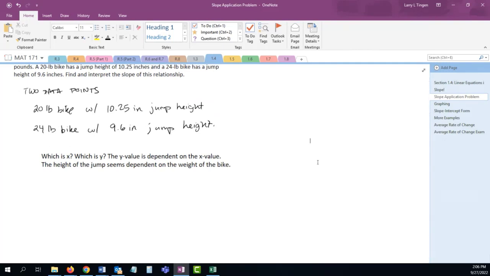So for us, that means the weight of the bike is going to be x, and the jump height is going to be y.